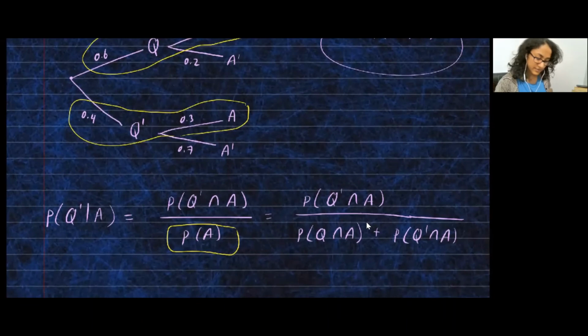So this is really Bayes' theorem. And now if I plug in the numbers, the probability of A and not Q, that's 0.4 times 0.3.